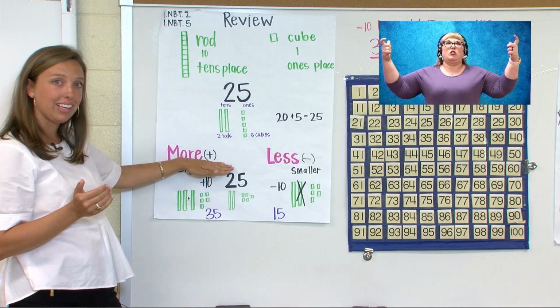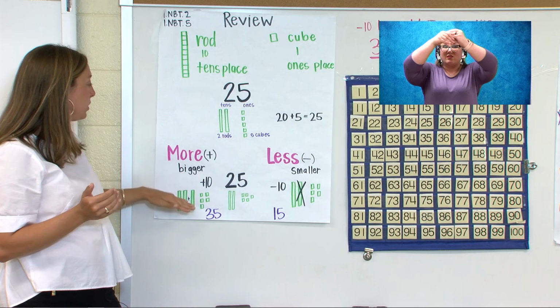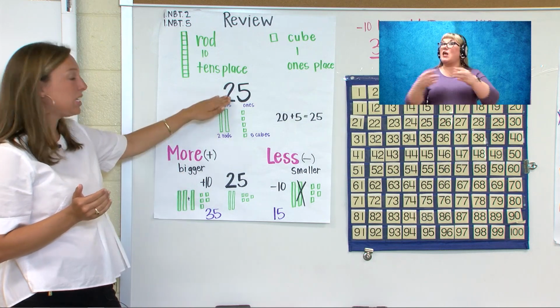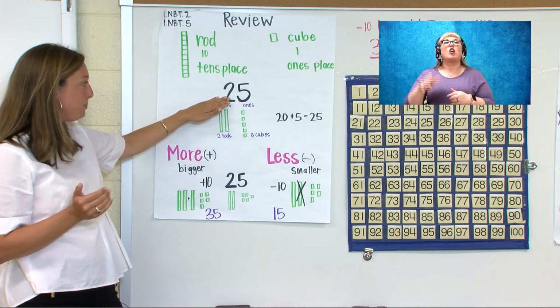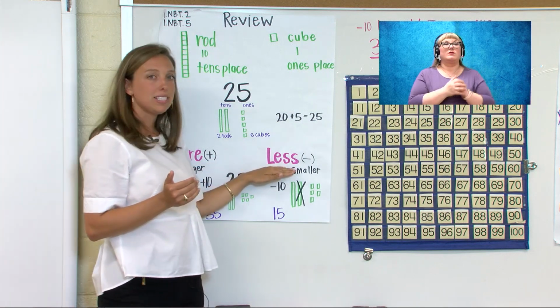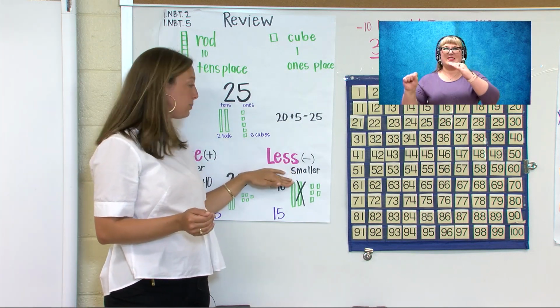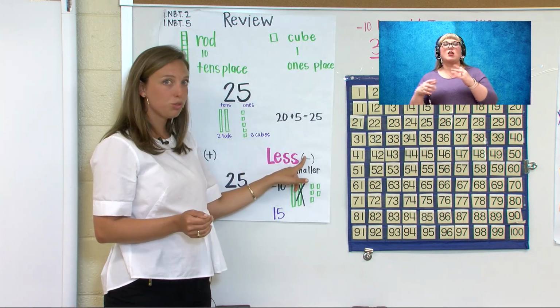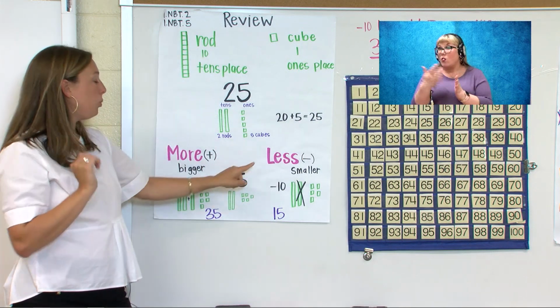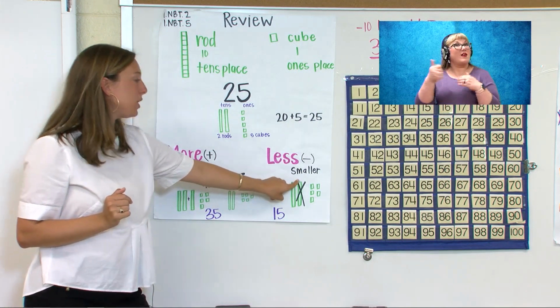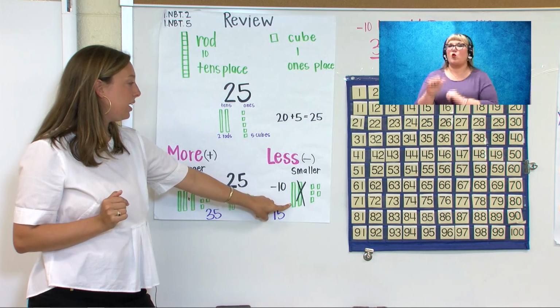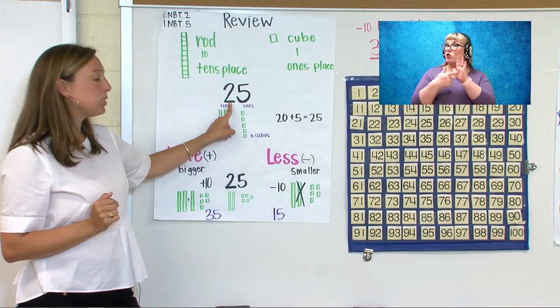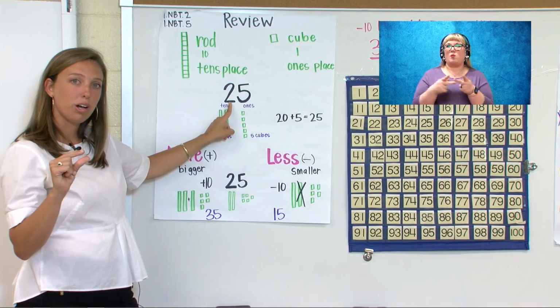We're adding. So 10 more, your tens place will change by 10. Less. The word less means smaller or subtracting. When we have 10 less, we take away a 10, showing that our tens place is getting smaller.